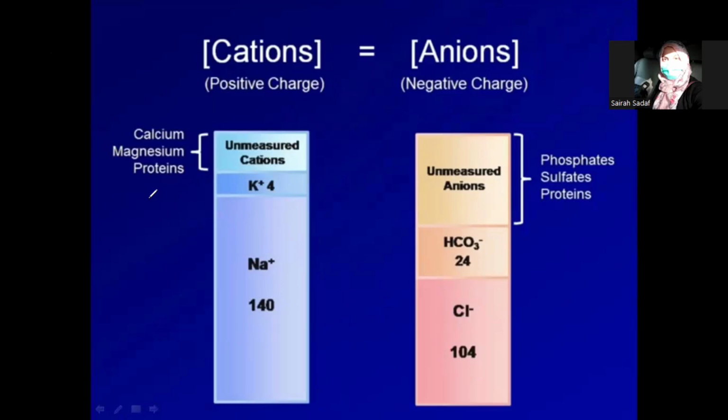Among the so-called unmeasured, calcium, magnesium, and many proteins can be measured, but we don't include these cations or anions to calculate the anion gap. So we just keep them out, and we just take sodium, bicarb, and chloride.